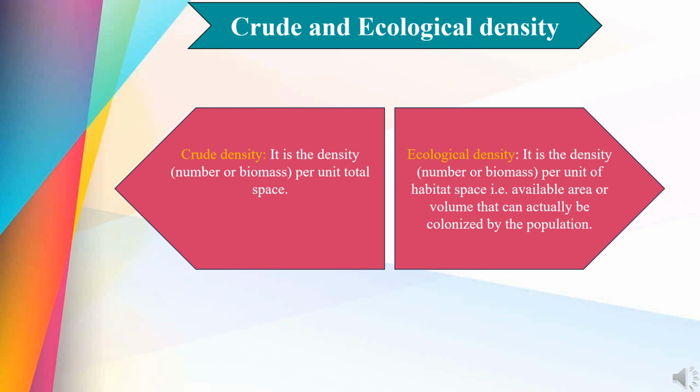The distinction becomes important due to the fact that organisms in nature grow generally clumped in groups and rarely are uniformly distributed. A good example is provided by Kull's study of fish density.